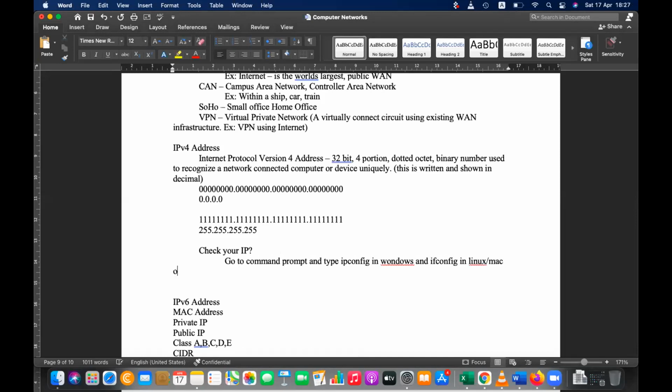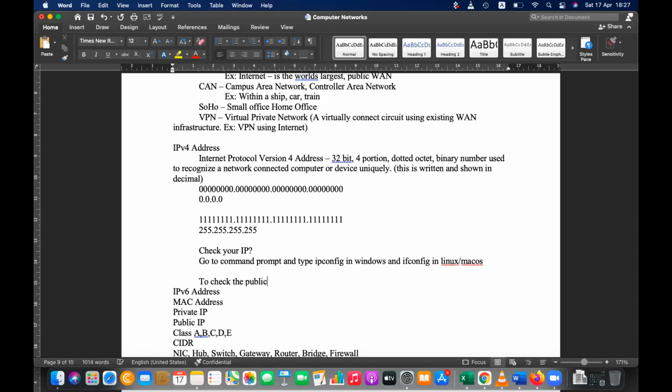In Linux or Mac OS, it's ifconfig. In Windows, it is ipconfig. By doing that, you can find your own IP. I'm going to mention this as private IP. And to check the public IP, the second one I'm going to mention as public IP.